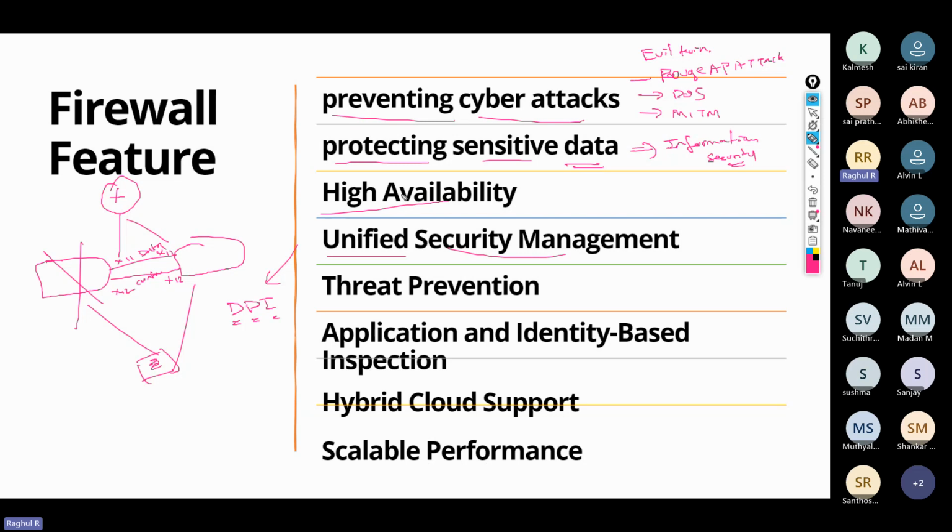For example, I can take the example of shapes. If it is a rectangle, we can identify the data based on the shape, rectangle or square. In terms of size also we can find. The data coming from the same source needs to be the same size because of the MTU values. These things are also handled by this identity based inspection.